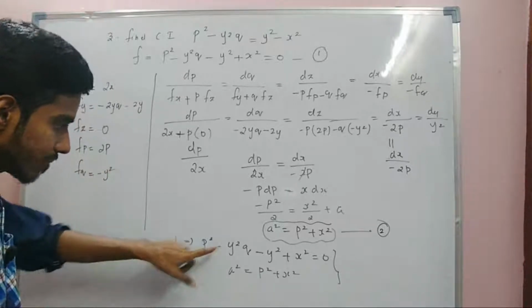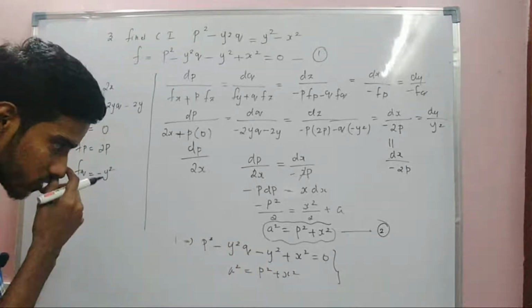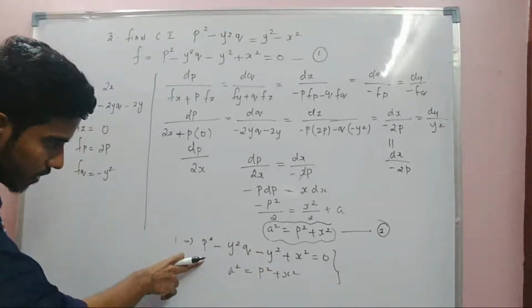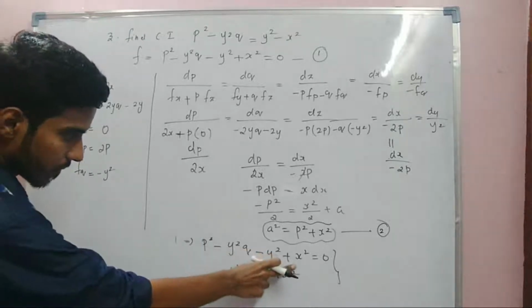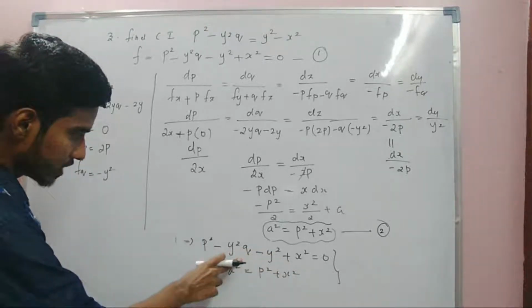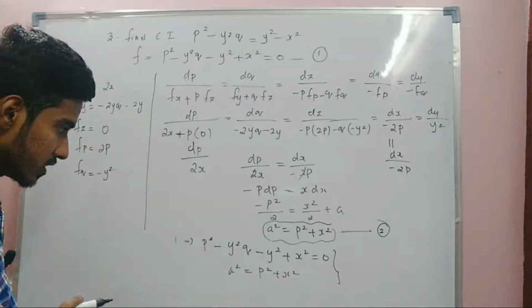So p square minus y square cube. If I replace p square plus x square with a square, this equation will be a square minus y square cube minus y square.